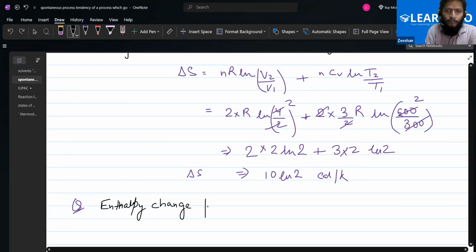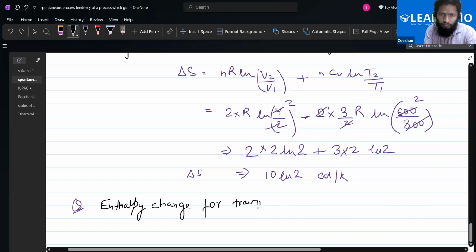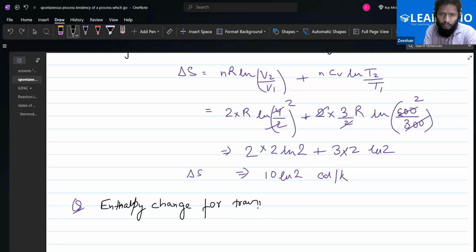Enthalpy change for... I'm reading out the question. Kindly write it down because my laptop is being a little slow.